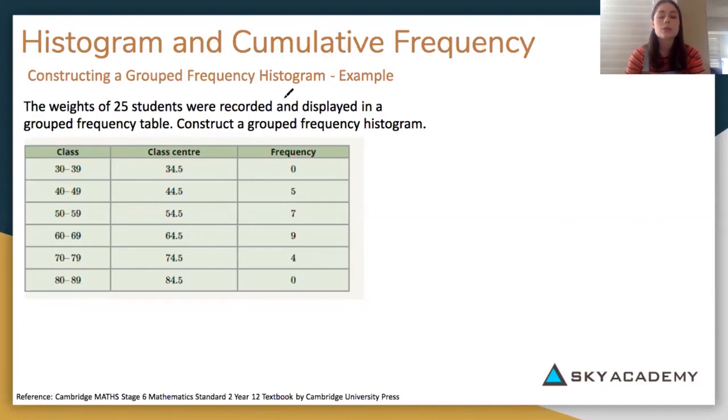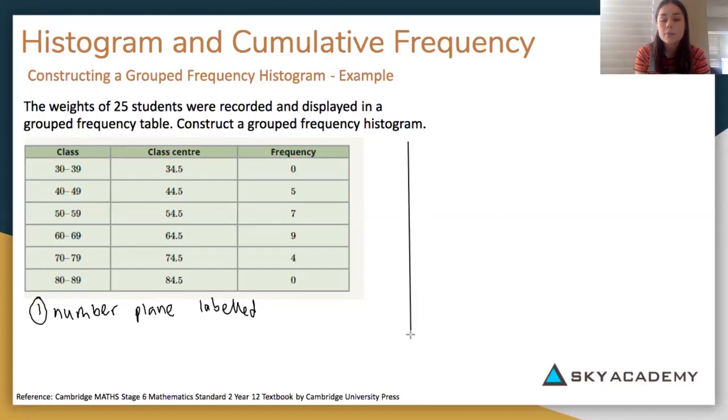So our first step would be to get a number plane up and label it with your x-axis and your y-axis. So I'm going to draw my number plane here, and my x-axis is always my horizontal axis here, and my y is my vertical axis.